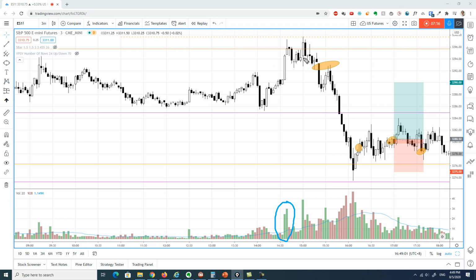And subsequently, we have another attempt to break out, because this reaction followed by the failure isn't that great. It's very shallow, and then we have another attempt here. So look at the spike of the volume. This is an even greater effort to push the price up. And although we have a close above the resistance level at 3295, look at what happened next.